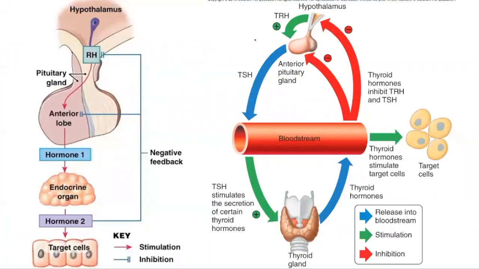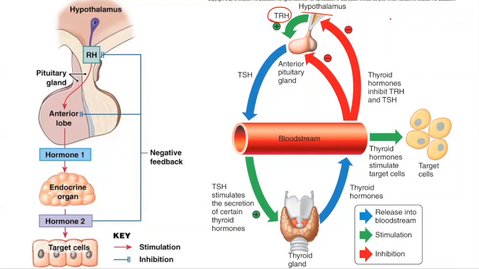Let's take a look at the thyroid hormones. Let's start with the hypothalamus. We know that hypothalamus is going to produce regulating hormone, right? So in this specific example, it's producing TRH.